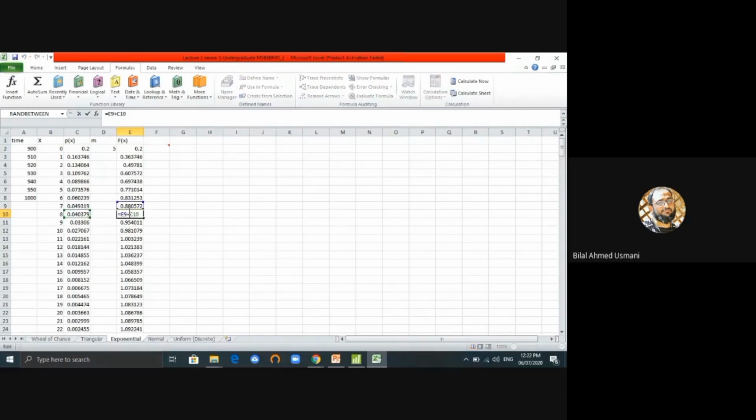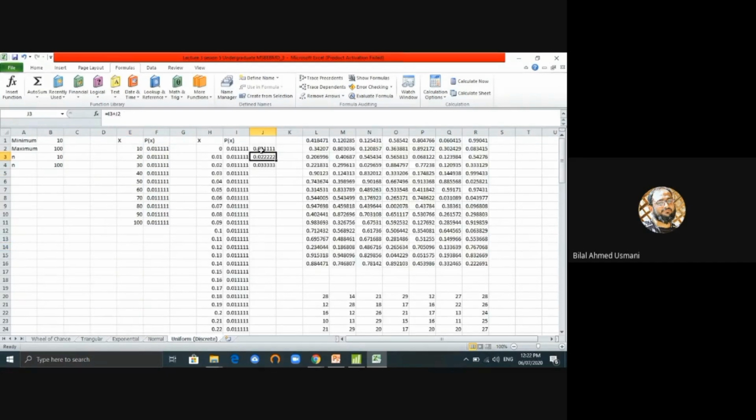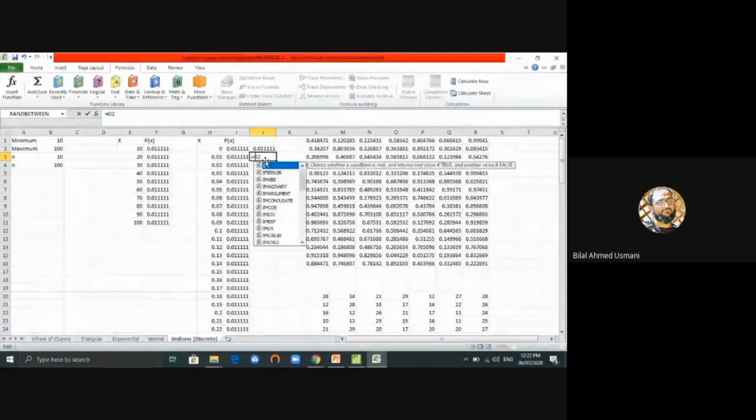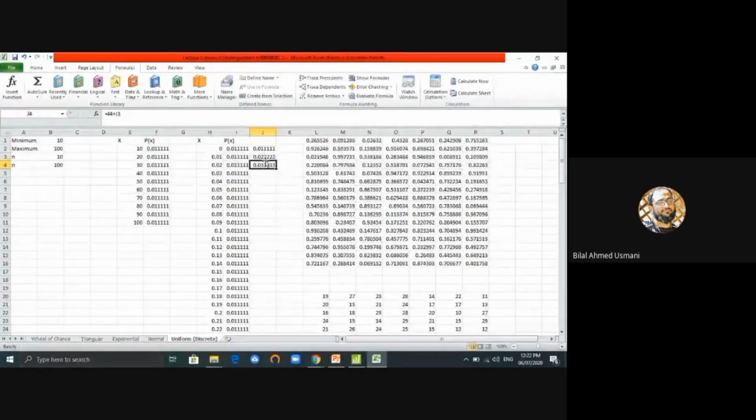So this is like that: E10, E9 plus C10, and then again E12, so the previous value plus C13. Let me write it as J2 plus I3. Let me change the order of the formula and see what happens. And over here it would be J3 plus I4. No, it's not summing it.